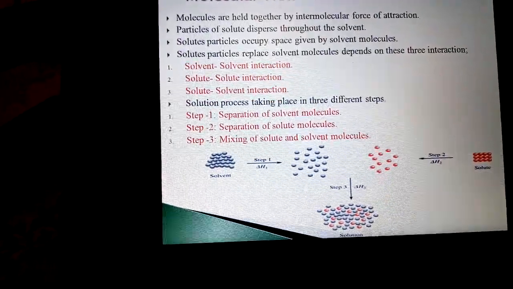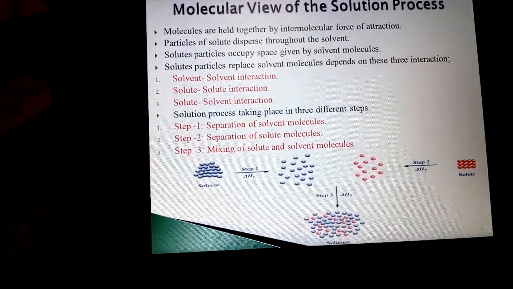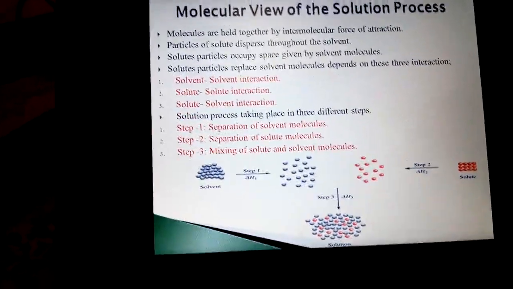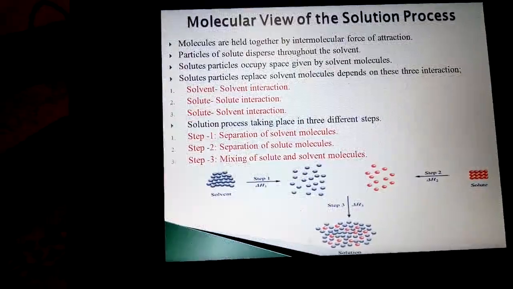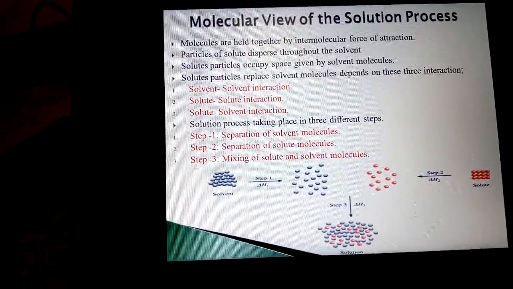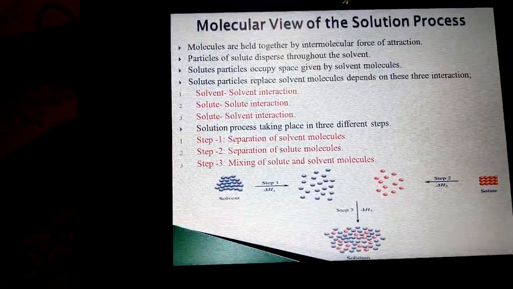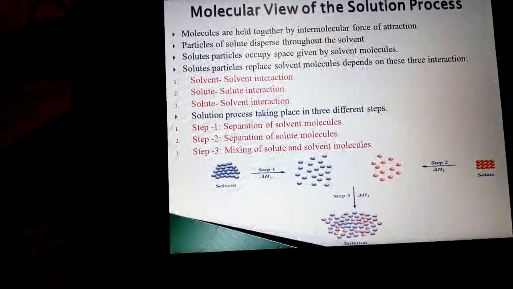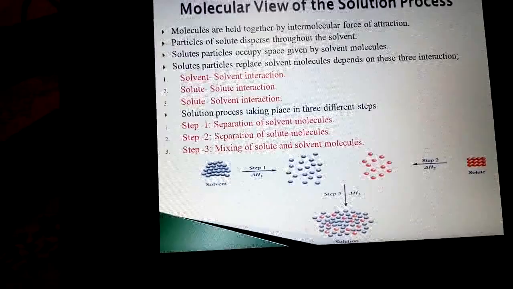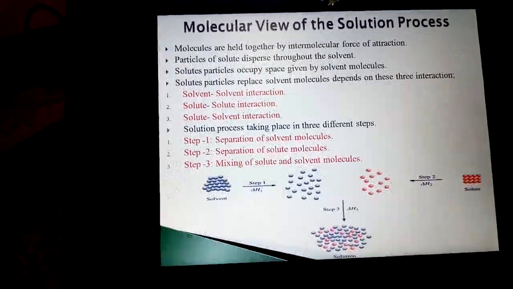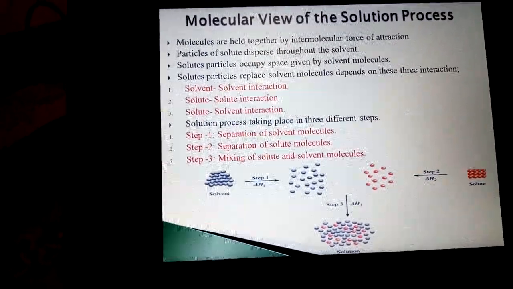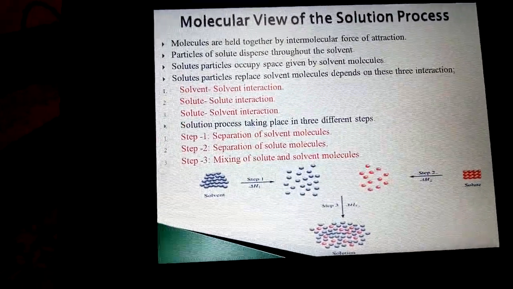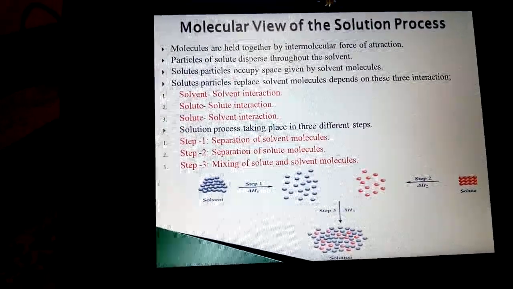When we dissolve any solute within a solvent, like sodium chloride in water, the basic steps behind the dissolution process are: step 1, separation of solvent molecules, which means water molecules separate out. Step 2, separation of solute molecules, which means sodium chloride particles separate out and are converted into ionic species.